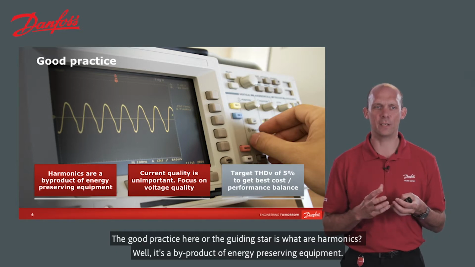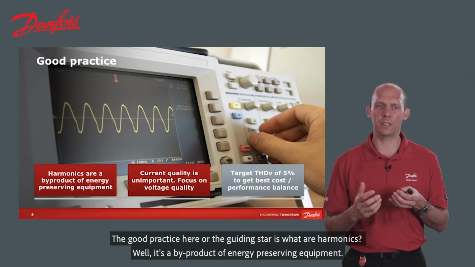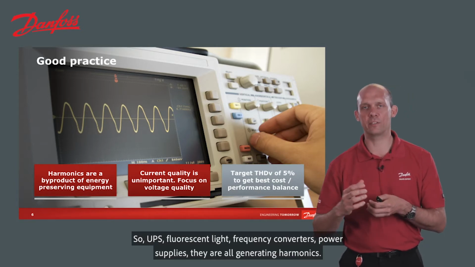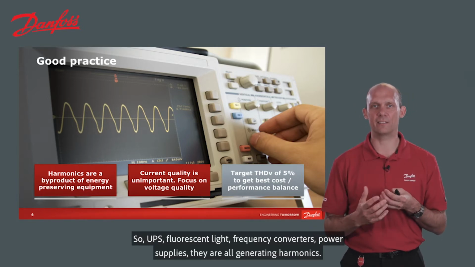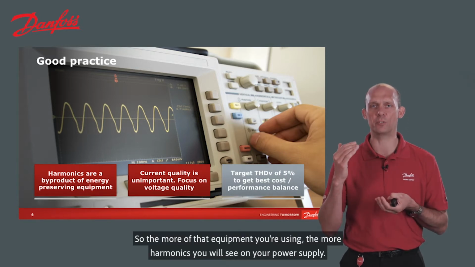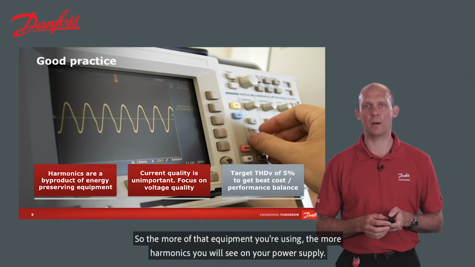Well, it's a byproduct of energy-saving equipment. So UPSs, fluorescent light, frequency converters, power supplies, they are all generating harmonics. So the more of that equipment you're using, the more harmonics you will see on your power supply.